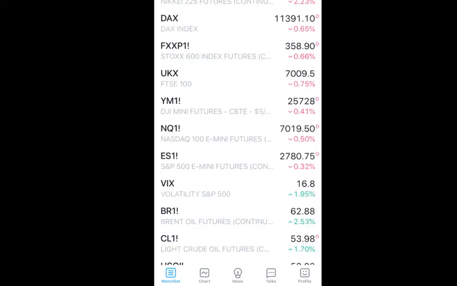If the pullback continues, then you can ascribe reasons as, oh, the market's really digested that the Trump thing is nonsense, which it is. But you have to trade the markets, how the markets react to the news, not how you feel the news should be interpreted. But just keep that in mind.